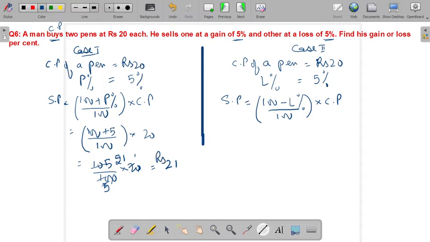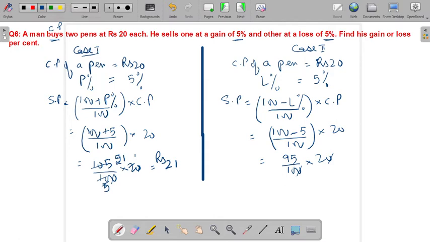Now let's see the selling price for the second case. So in the second case, this is 100 minus 5 upon 100 multiply 20. So this is 95 upon 100 multiply 20. So cancel it. So this is 19. So rupees 19.